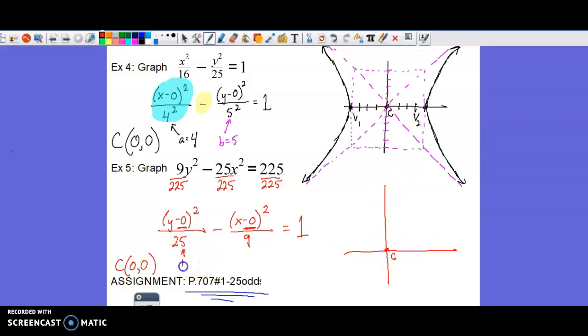This time, the b value is 5, because 5 squared gives me 25. But notice that its y is written first, so it's going up. So that's where my vertex is. That's one vertex. And my a value is 3. I guess I forgot to go down 5 as well.